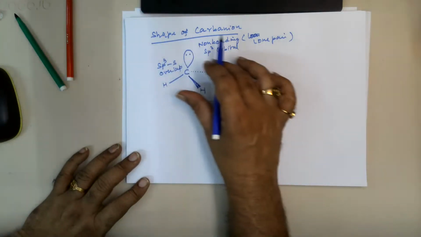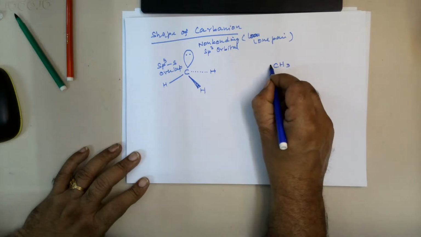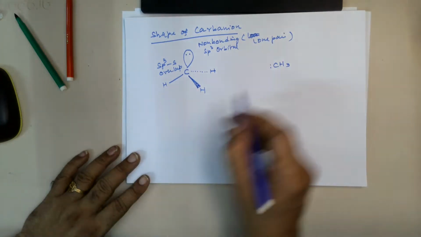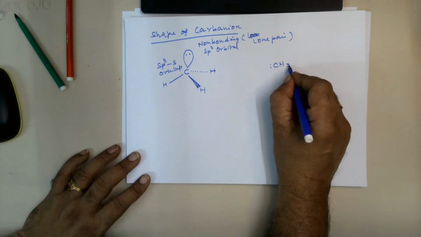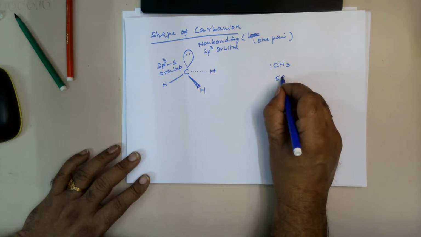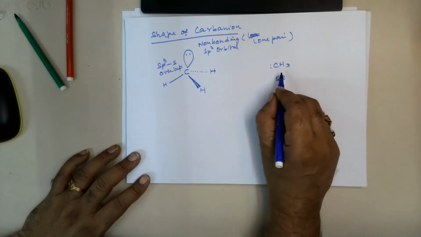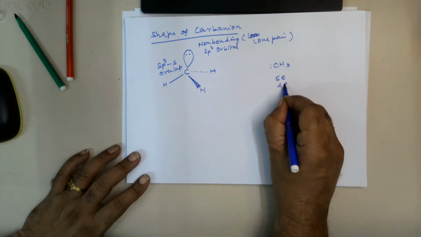So its structure can be simply represented by this CH3 with a lone pair. And you already have 3 hydrogen plus 2 electrons, that is a lone pair, so totally 5 electrons. But carbon should have 4 electrons only, and there is an excess of 1 electron.